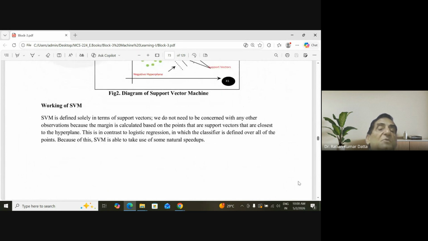The working of a support vector machine is defined solely in terms of support vectors. We do not need to be concerned with the other observations because the margin is calculated based on the points that are support vectors, close to the hypothesis. In contrast to logistic regression, in which the classifier is defined over all the points, the support vector machine is able to take use of some natural speed up.